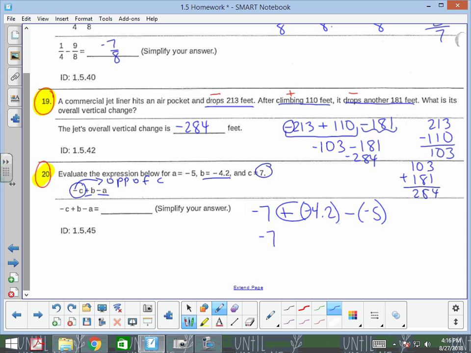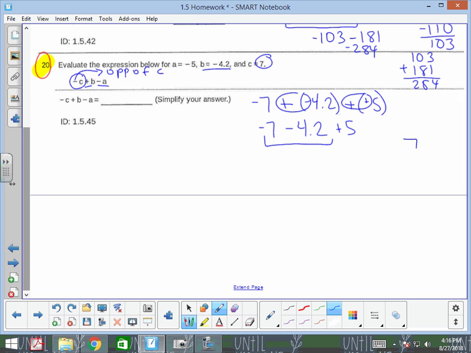And now let's rewrite this. Plus a negative is actually minus 4.2. Minus a negative is actually plus 5. So first two numbers, they're both same signs. So we're going to add the numbers and keep the sign. Now notice the 7 is actually in the ones place, so this is actually 7.0. And then the 4 is also in the ones place. So remember, when you're adding decimals, you need to line up the place values. So this is negative 11.2 plus 5.